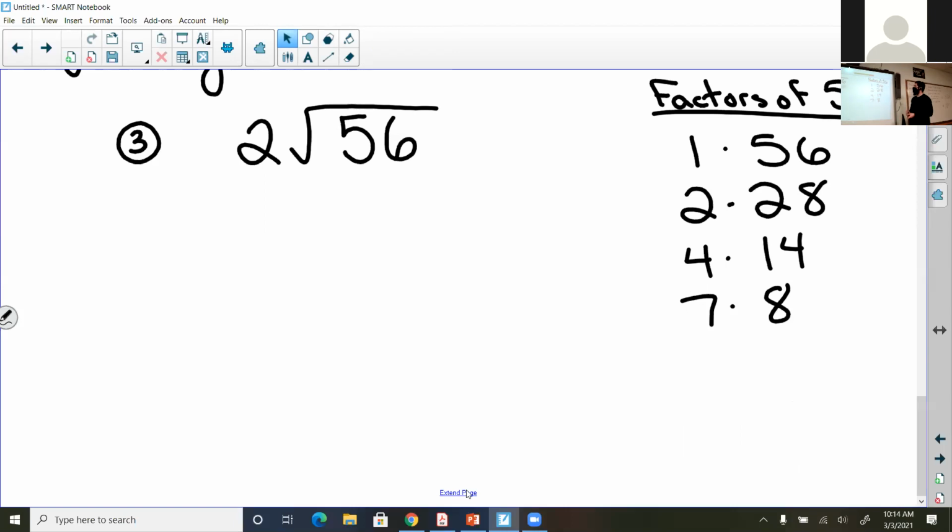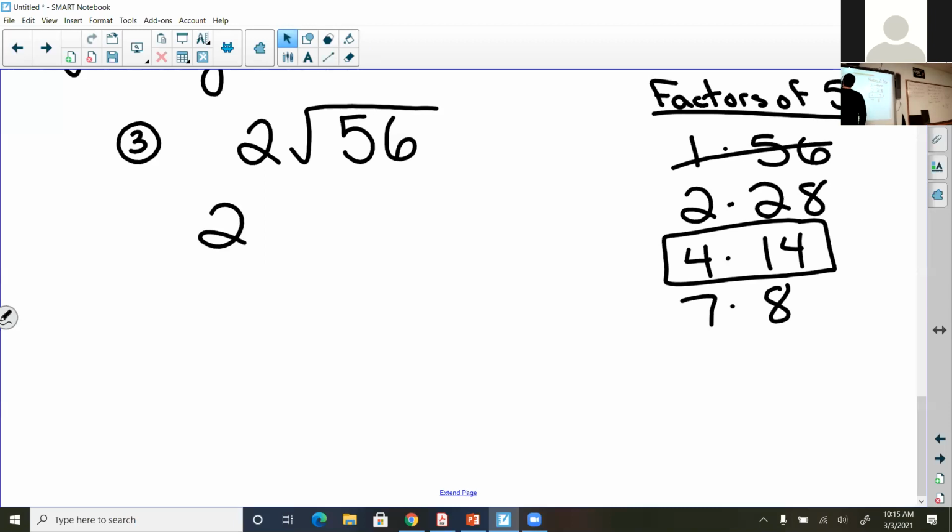All right, so now seeing these 4 options, which one appears to be the easiest? Well, 1 and 56 doesn't really get us anywhere. 2 and 28 seem nice, but neither one are perfect squares, and 28 would be broken up more. So I don't really want to do this one. 4 and 14, this one seems nice. 4 is a perfect square. 14 can't be broken up anymore because that's 7 times 2, and neither one of those are perfect squares.